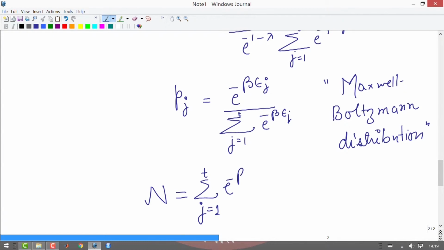So, in some sense this is like a partition function for your problem, which depends on beta. It does not depend on energy levels per se, because they are summed over all the levels. So, that is gone, but the parameter here is beta.